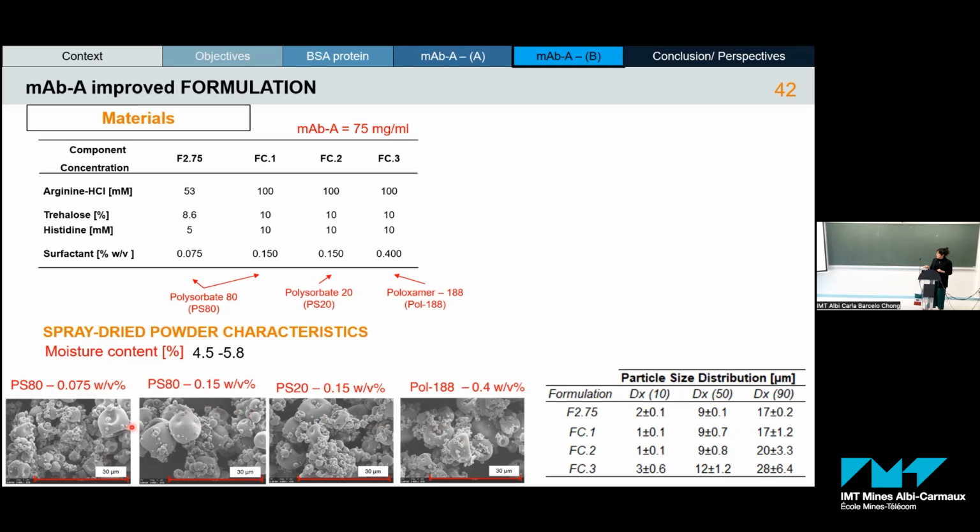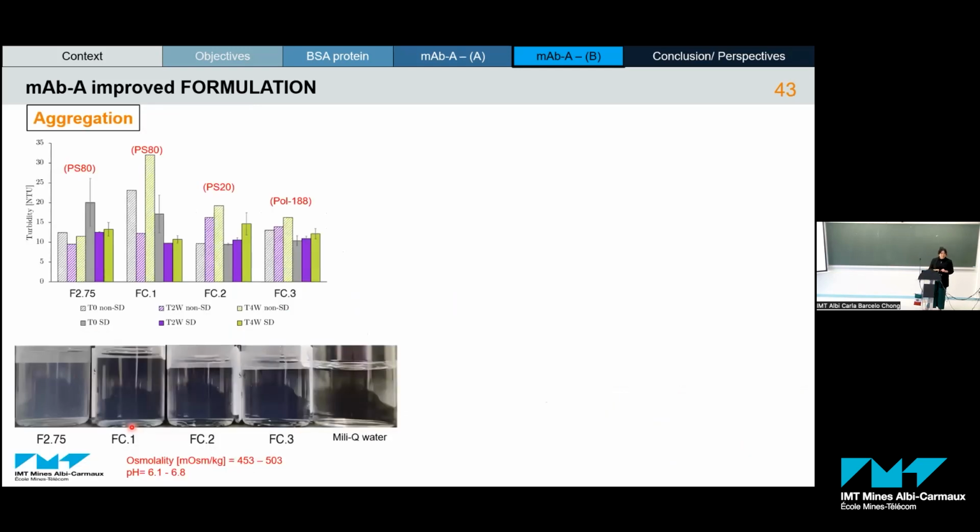Now, passing to the aggregation results, which are very interesting for us, what we can observe when we compare different formulations is that formulations containing polysorbate 20 and poloxamer 188 have a better decrease in the turbidity of the formulation compared to the polysorbate 80 at the 2 different concentrations.